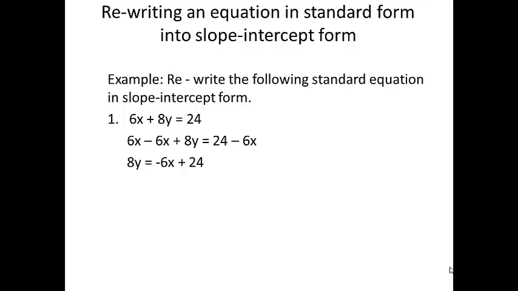Again, notice I used the commutative property to rewrite the order of the terms on the right-hand side, and I brought that minus sign with me when I moved the term 6x so that I have negative 6x plus 24. Last, divide both sides by 8, and you are left with y equals negative 6/8 times x plus 3.